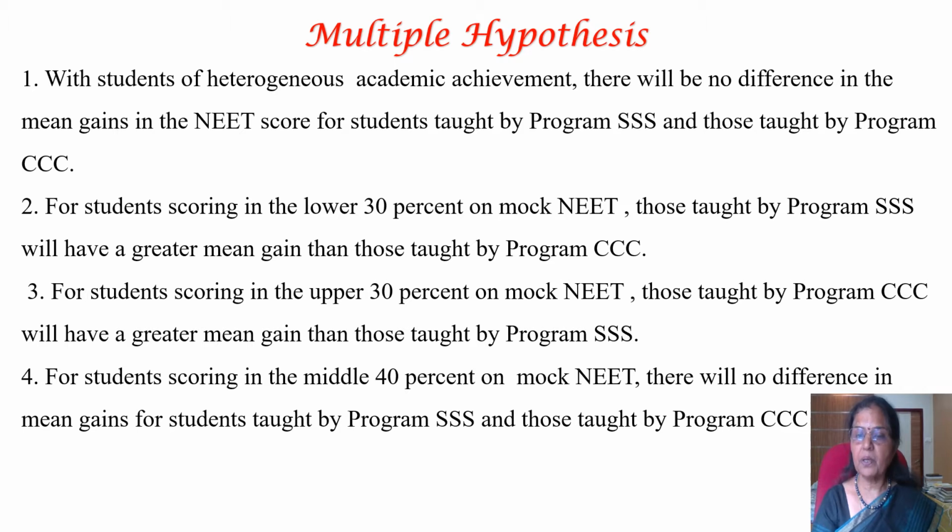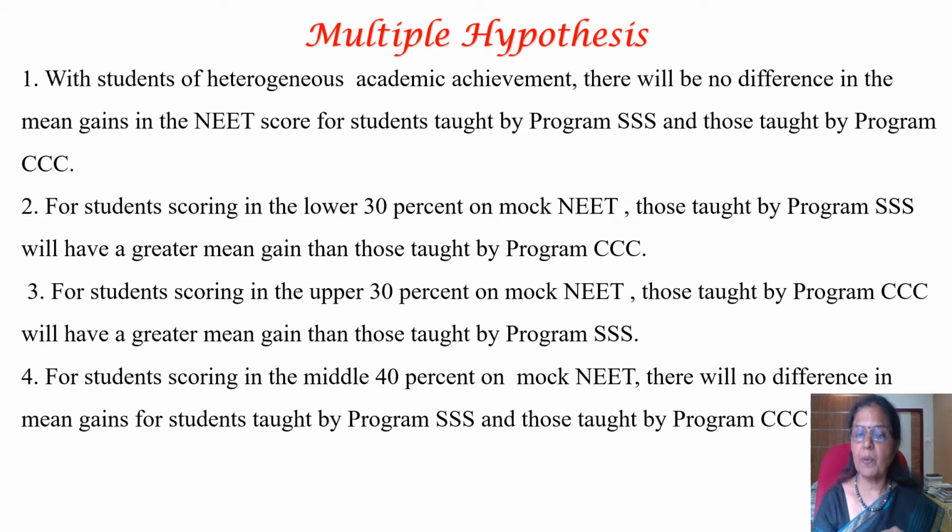Of course, there is going to be gain because there is training involved. So there is going to be gain in both the group of students taught by SSS and CCC. But we are going to see where the gain is going to be more. Which program is more effective? So more mean gains in NET score for the students taught by program SSS and those taught by program CCC.